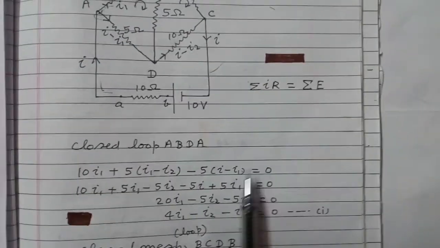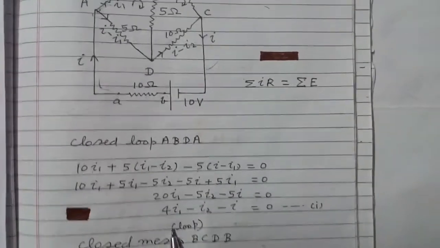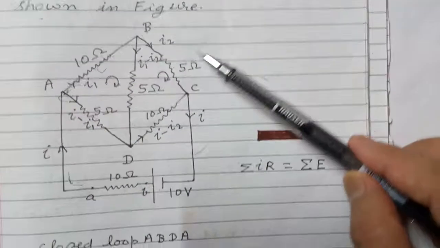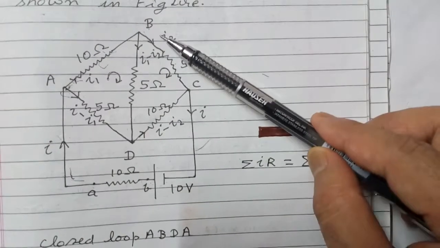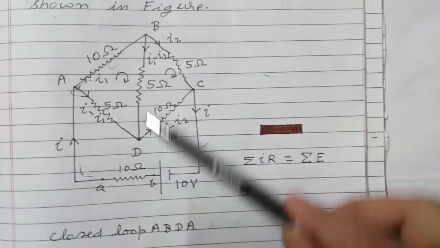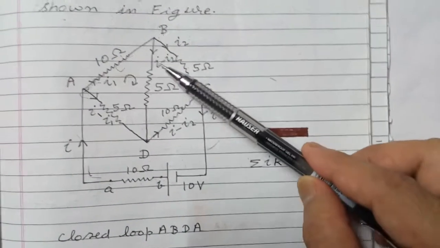Now for closed mesh or closed loop BCDB. Current in 5 ohm I2, current in 10 ohm I minus I2, current in DB 5 ohm I1 minus I2.